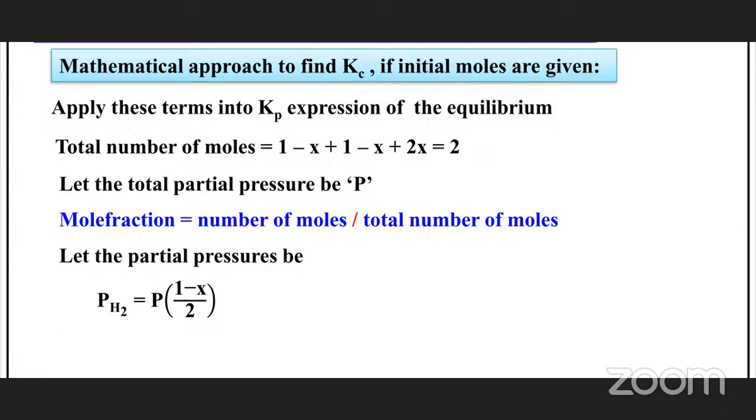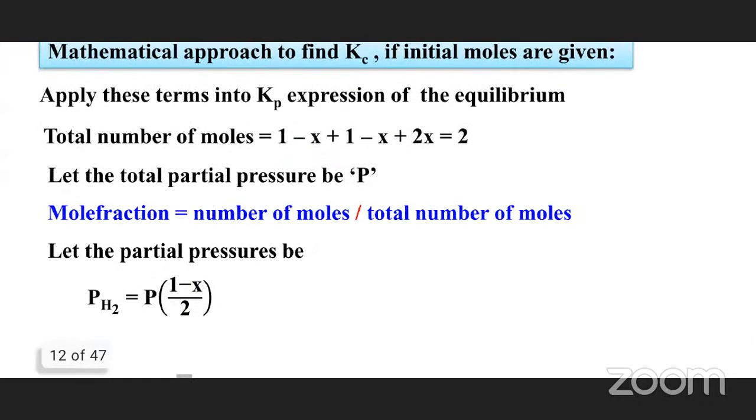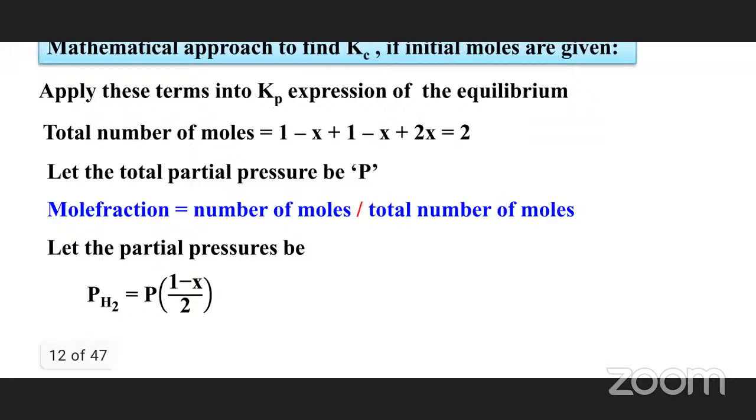Now Kp: apply these terms into the Kp expression. The total number of moles is (1 minus x) plus (1 minus x) plus 2x, which is 2 minus 2x plus 2x, the x terms cancel, so total number of moles is equal to 2. Let the total pressure be P. Mole fraction is equal to number of moles by total number of moles.